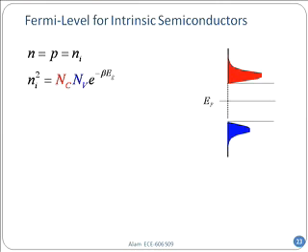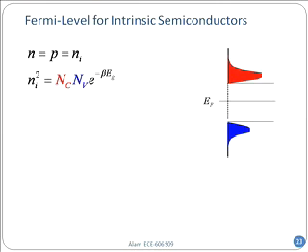Some of the electrons which are in the valence band now have jumped to the conduction band because it's more energy. So the number of electrons that I have is equal to the number of holes I have, because where will the holes come from? They are coming from because some of them have gone elsewhere on the conduction band. So for an intrinsic semiconductor, I have N equals P, and I'll call that Ni, I for intrinsic.